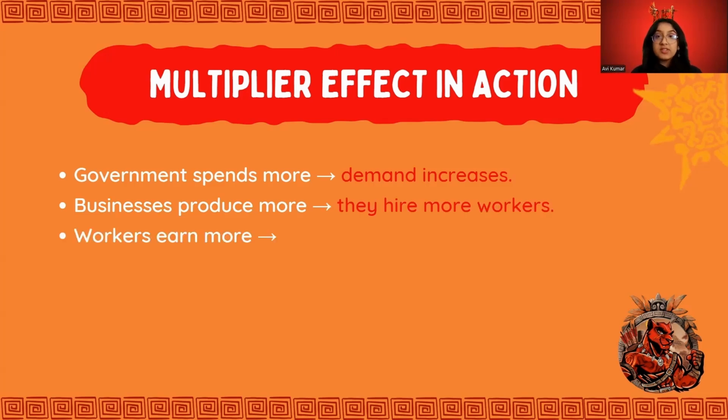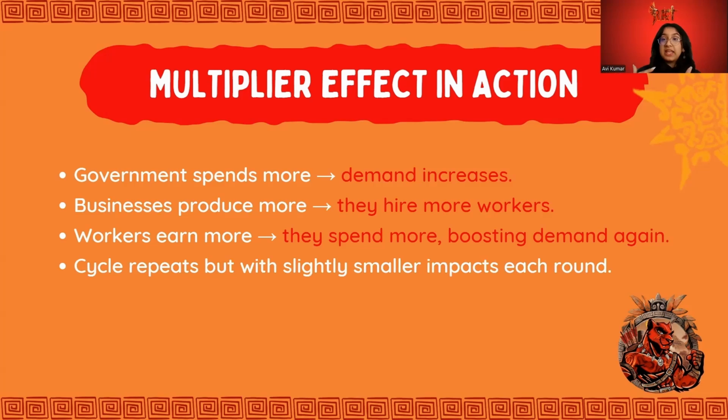When they hire more workers, the workers earn more, which means that they spend more, which boosts demand again. So you can see this leads to a cycle of increased GDP. And the cycle keeps repeating, but with slightly smaller impacts each round. So at the start, it leads to a really big increase in GDP, but then throughout the cycle, it gets less and less and less.